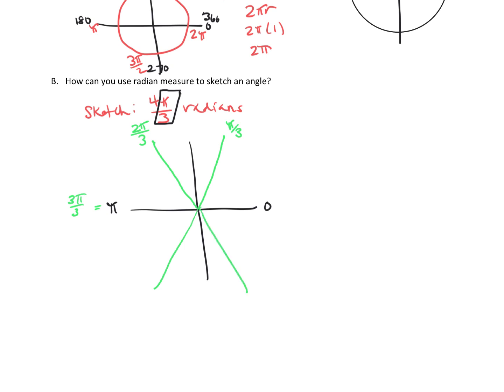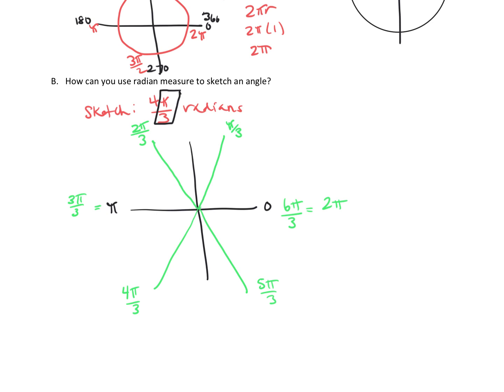So if we keep going, we have 4 pi over 3, 5 pi over 3, and then this last one would be 6 pi over 3, which simplifies to 2 pi.